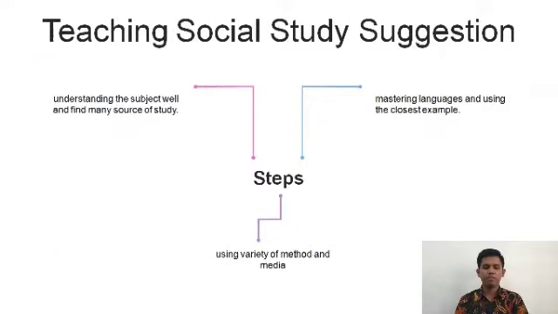Okay, before teaching the social studies, as a good teacher, we should know well about what we will deliver to students. In teaching social studies, experience is required in order to link the theory with the real life situation. To understand social studies, teachers have to have many references from different experts.